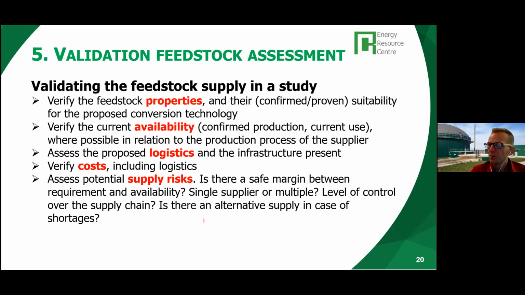The level of control that you may have over the supply chain. That means, you know, if you produce the biomass yourself or buy a sister company, for example, then you may have a higher level of control, and you may be able to make sure that the supply actually comes your way, that it's not suddenly sold to another consumer.